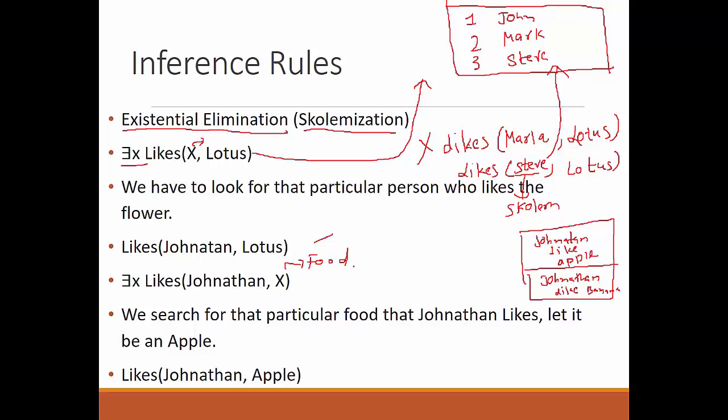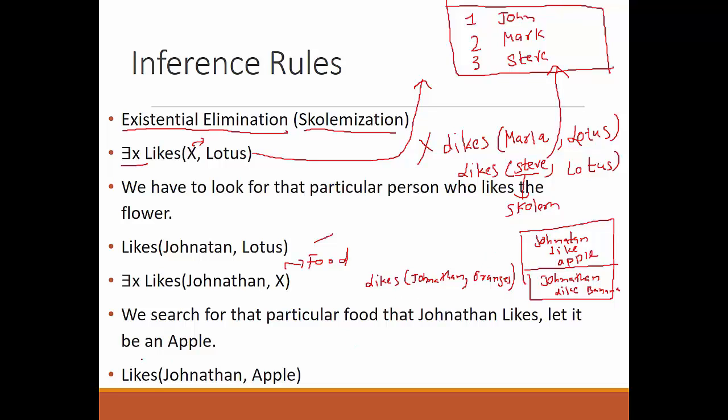Now, if someone comes and says that Jonathan likes oranges, then we won't be able to eliminate the existential quantifier because it's not in our knowledge base.